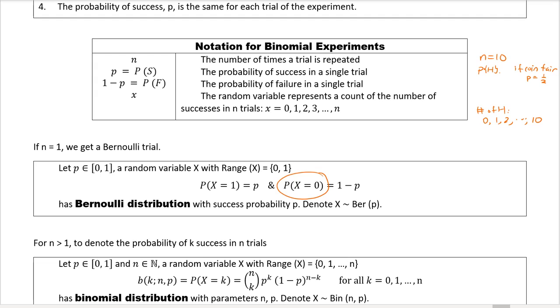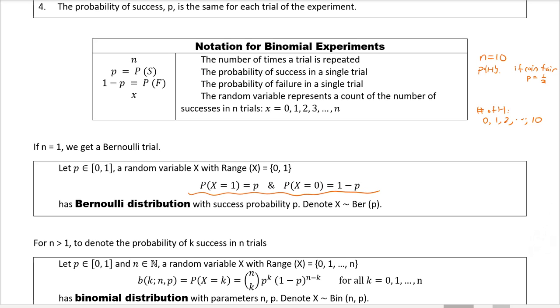Okay, so probability of failure is 1 minus P. So then we say this random variable with this probability distribution has the Bernoulli distribution with success probability P, and we denote X has the Bernoulli distribution with success probability P.